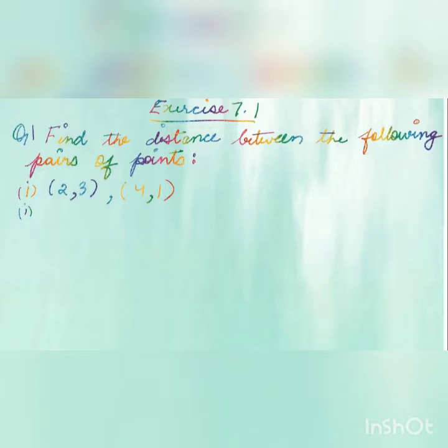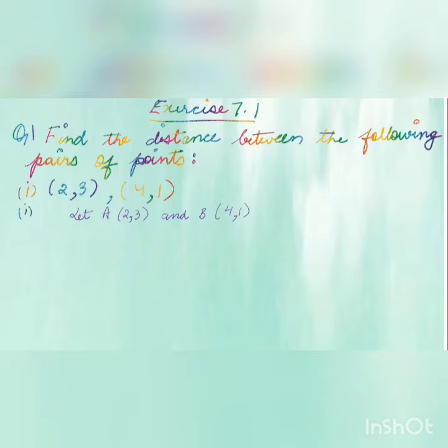Exercise 7.1. Question number one is to find the distance between the following pairs of points. It is given 2, 3 and 4, 1. Let A be 2, 3 and B be 4, 1.